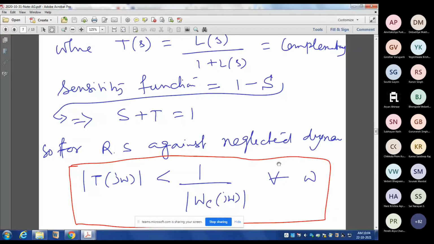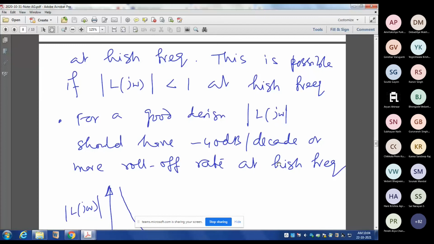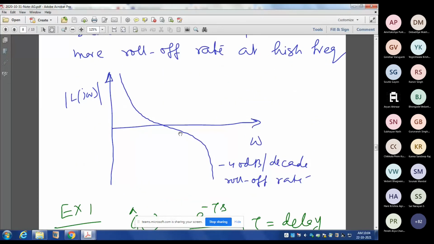So the loop plot will be like this: high gain at low frequency and low gain at high frequency. High gain at low frequency is needed in order to have low sensitivity.